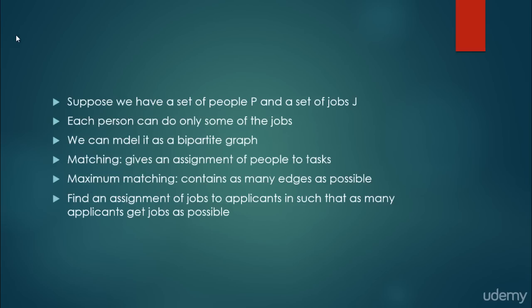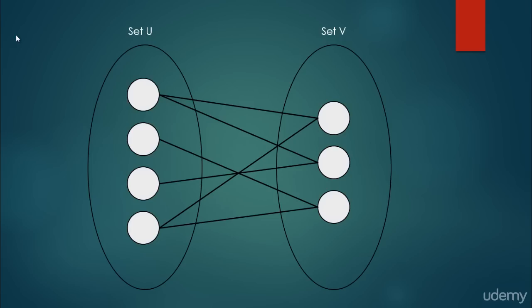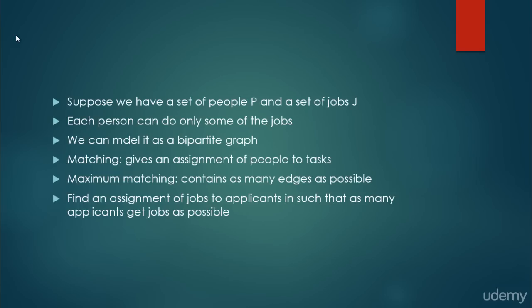And for example, the problem is that suppose we have a set of people P and a set of jobs J. We can think that in this situation the set U is the people, the set V is the jobs. So each person can do only some of the jobs. For example, if someone is an economist, he can do stuff concerning quantitative finance in investment banks and so on.